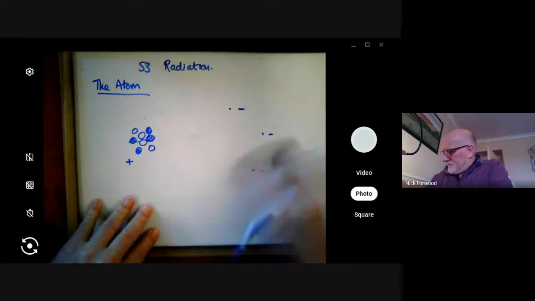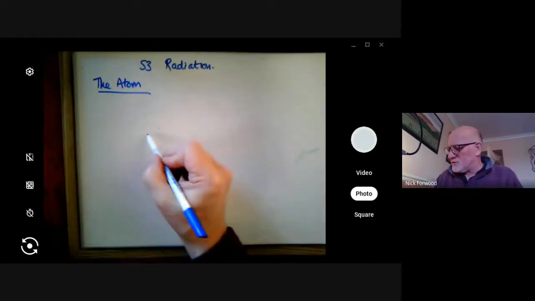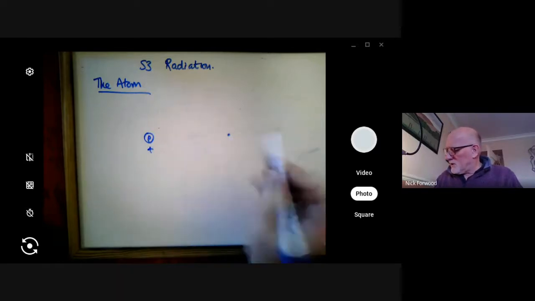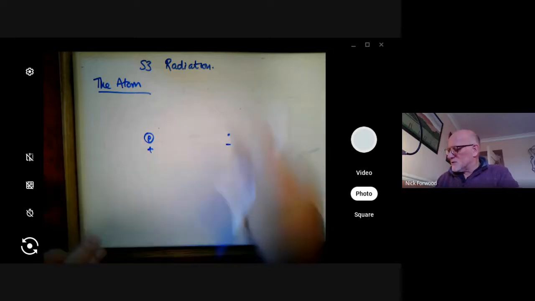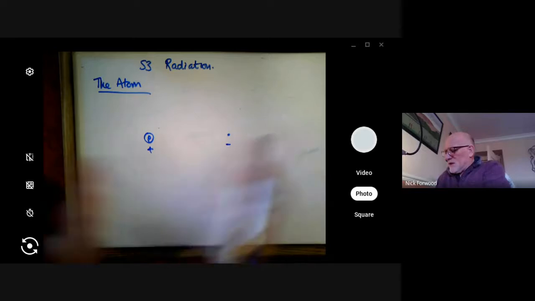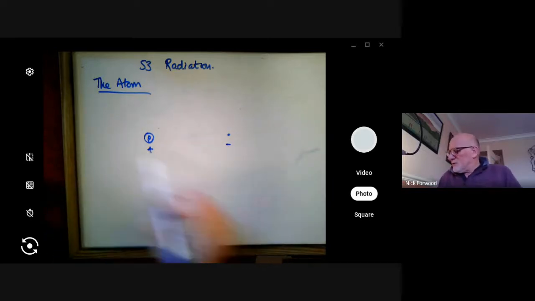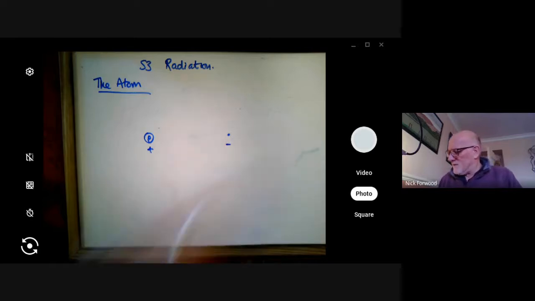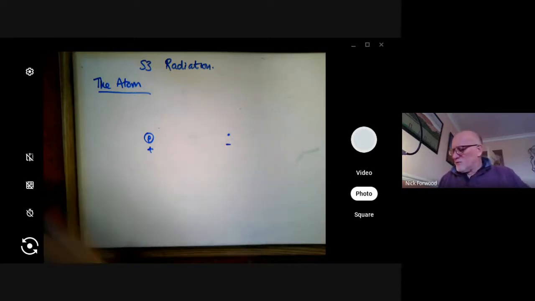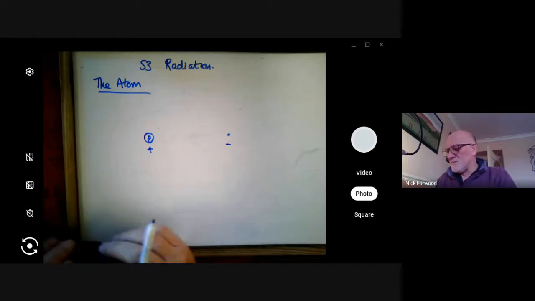But normally, if they were just stood still, supposing I had a proton here, a positive proton, and one electron over here, and they were just stood still, not orbiting, then these two would attract and they'd go in and the charges would cancel each other out, and you'd end up with a proton and electron stuck together with no overall charge. So remember this about the charges cancelling each other out.